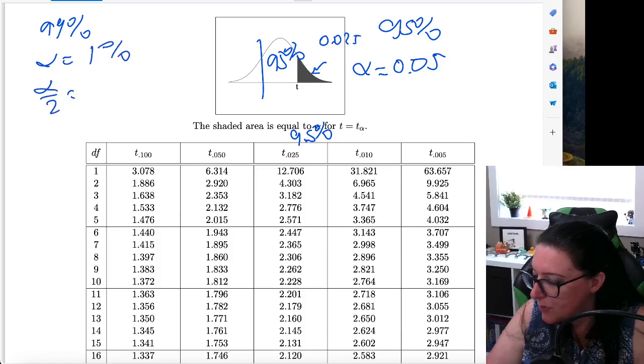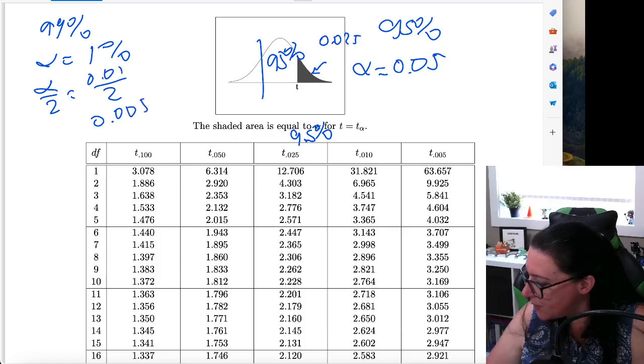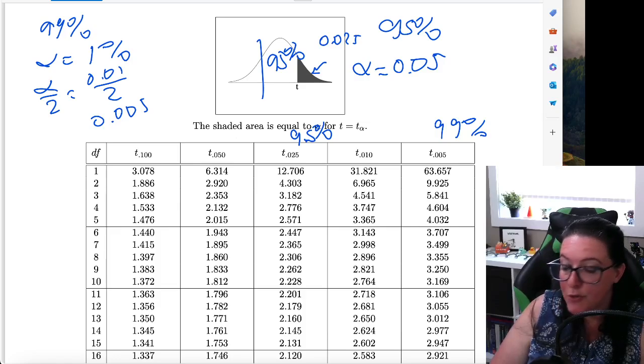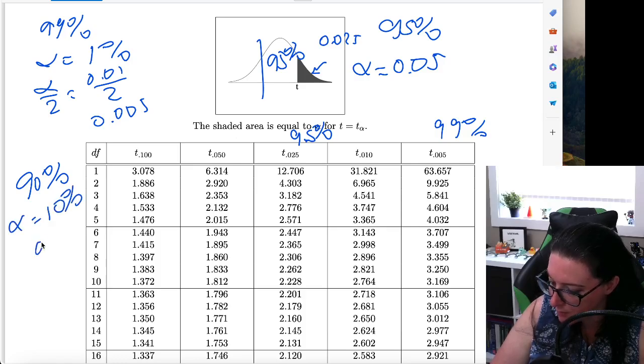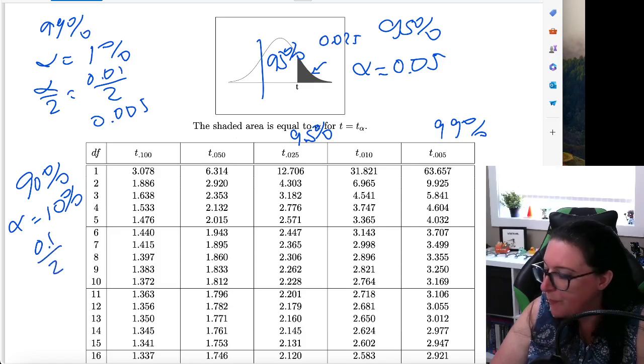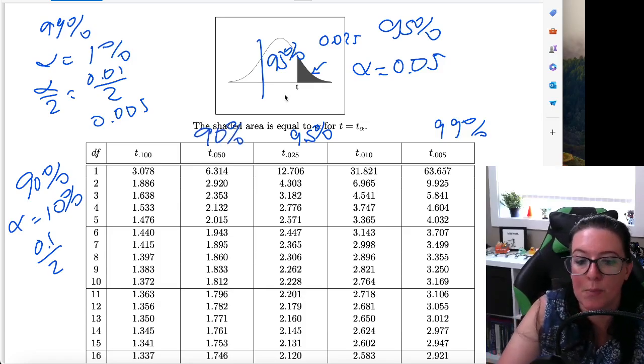Alpha divided by 2 is not 0.01, but 0.01 divided by 2, which is the 0.005. So this should be your 99%. And if we are doing a 90%, then our alpha equals 10%. So that's 0.1 divided by 2, which is our 0.05. So this should be our 90%, 95%, 99%.